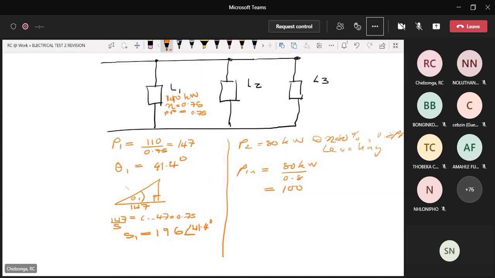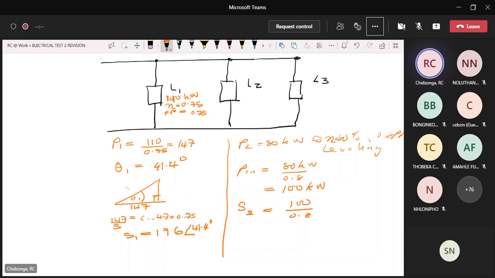This is 100 kilowatts. So again, we can do the same thing now. We know that if we want S2, we simply divide this 100 by 0.8, right? The power factor.